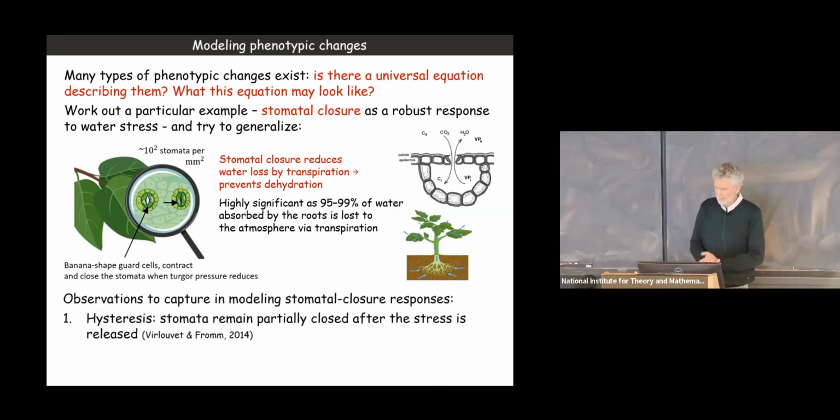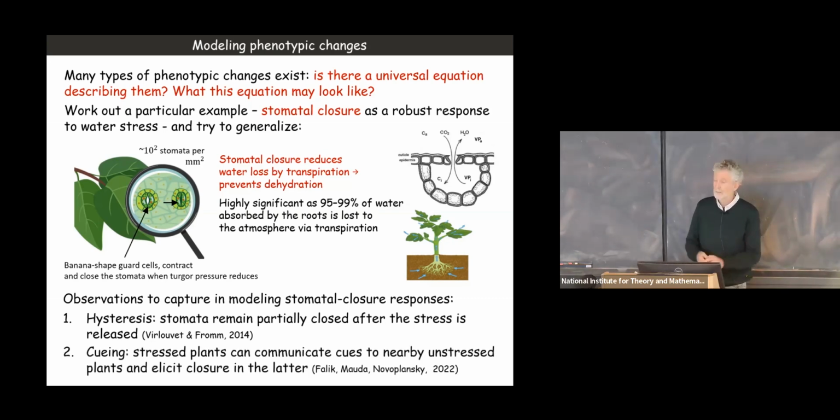Now, in modeling phenotypic changes, or stomatal closure in particular, we want to capture empirical observations. One of them is hysteresis. Stomata remain partially closed after the stress is released. And cueing.